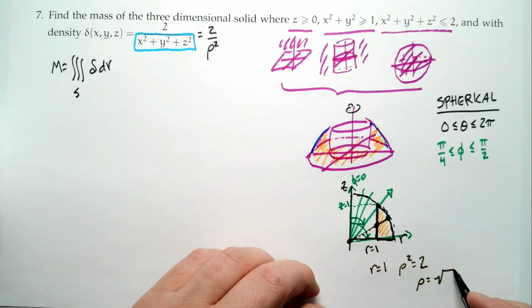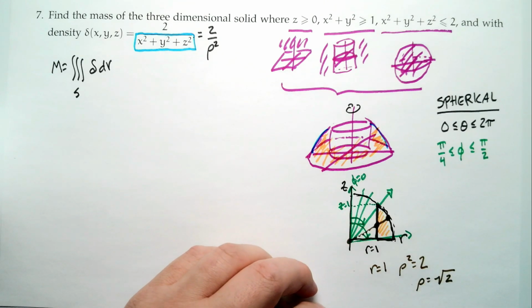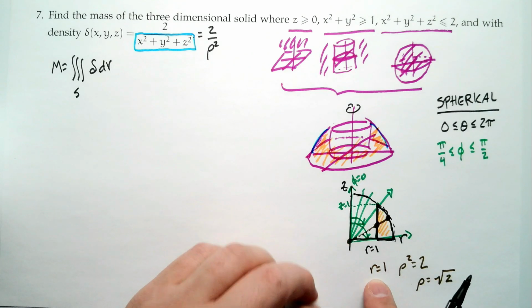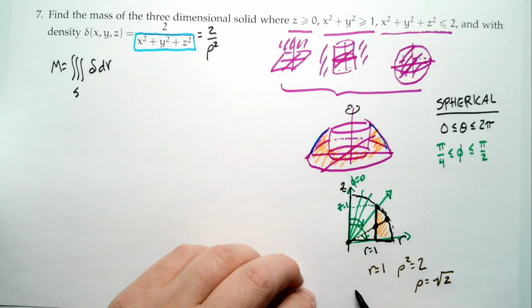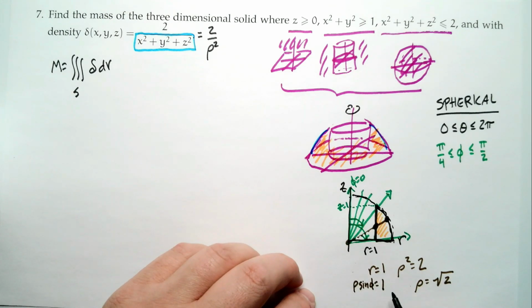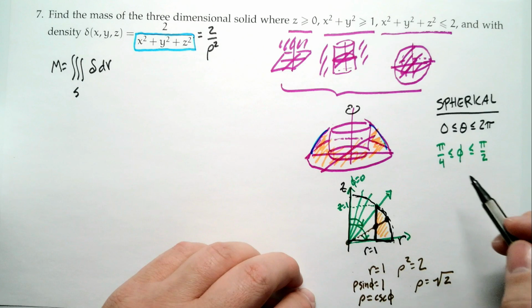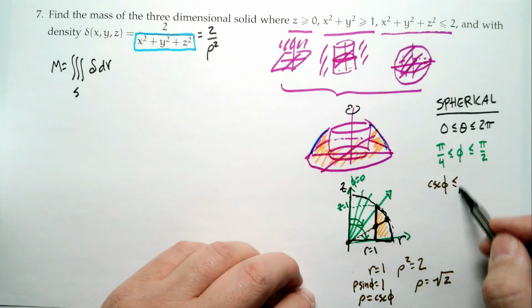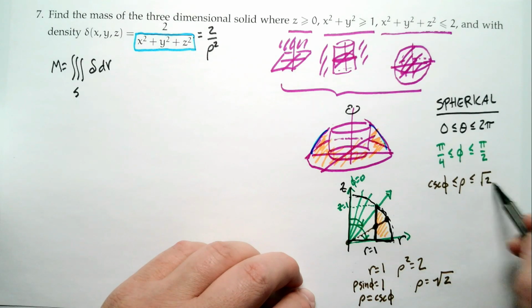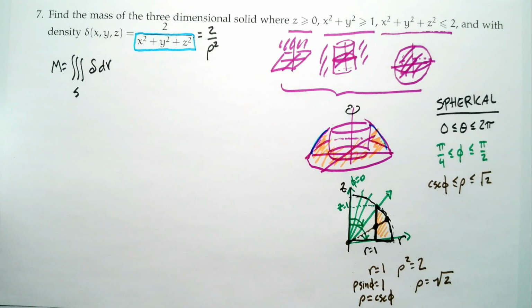I just take the square root, so rho is the square root of 2. R equals 1 is not basically done. We've got to do something. What does r become? Rho sine phi. So rho sine phi equals 1. Divide by sine phi: rho equals cosecant phi. So we now have that cosecant phi is less than or equal to rho, which is less than or equal to root 2.